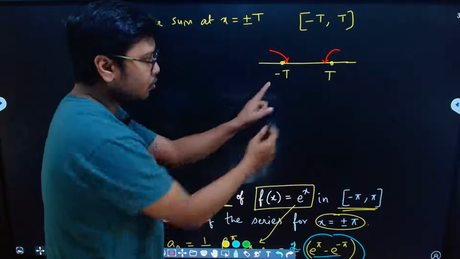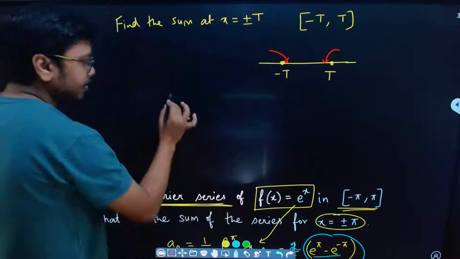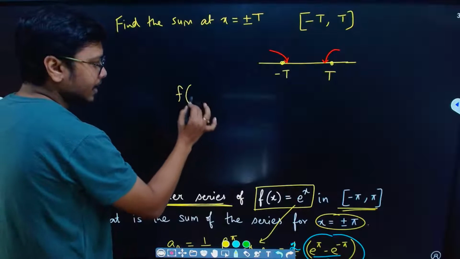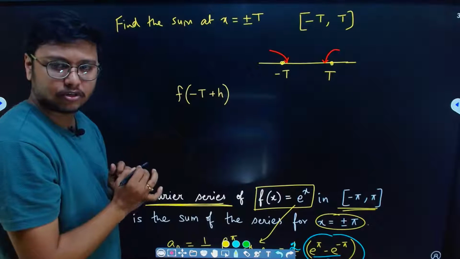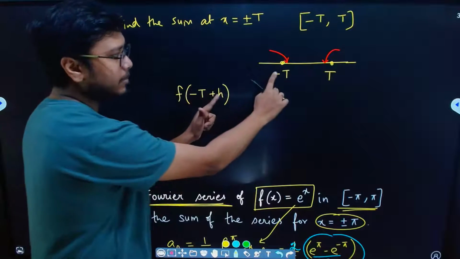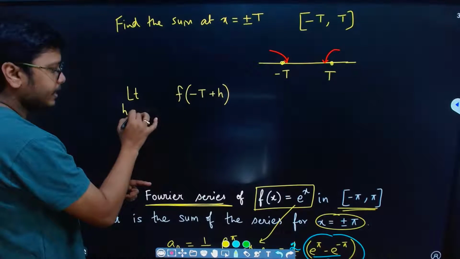I want to go just on the right-hand side of minus t, so with minus t I add h, where h tends to 0.